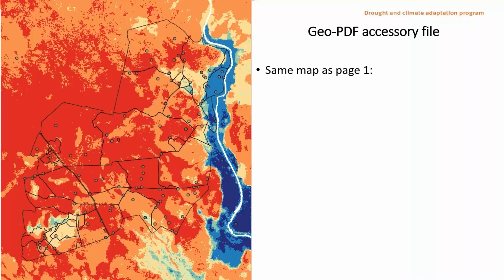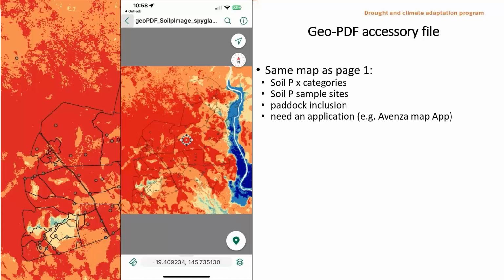If you open it up on your screen, it has Soil P categories, Soil P sample sites, and paddock inclusions. But you need an application like Avenza to read that in. Once you download that, you can bring those GeoPDFs in.